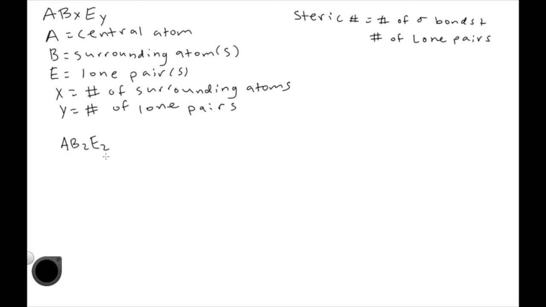And that is molecules with 2 atoms and 2 lone pairs around the central atom. So a compound like water, which is H2O, will fit this description. So starting with the Lewis structure, oxygen is in group 6 and hydrogen is in group 1. So we have 6 plus 2 times 1, which is going to be 8 valence electrons in total.